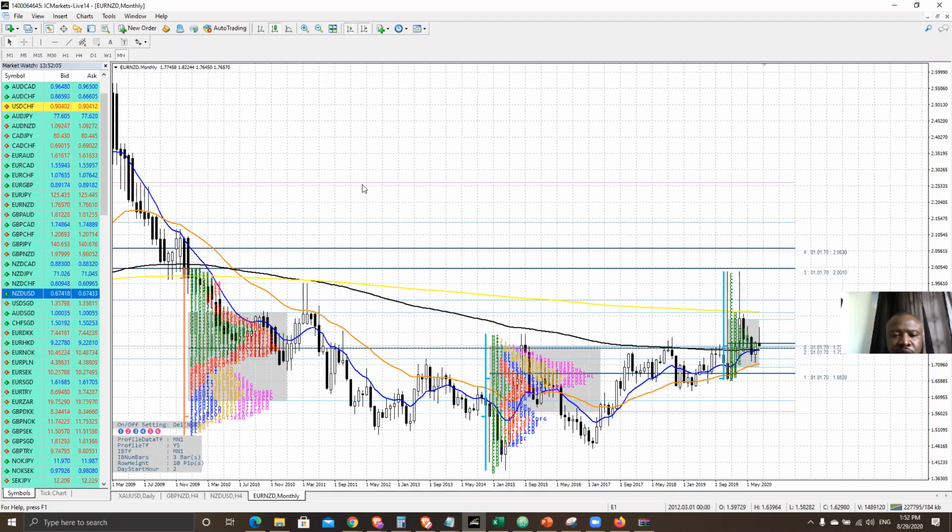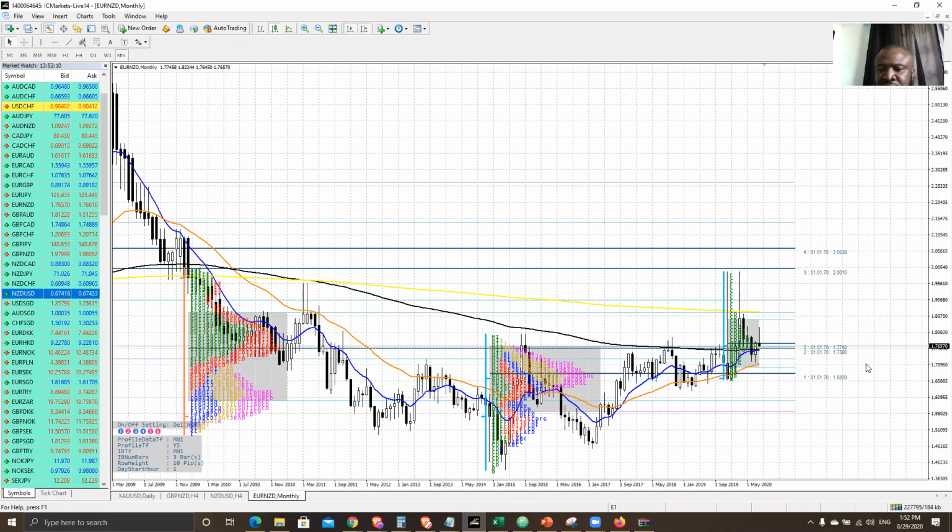All right. So looking at this from the monthly point of view, this is the Euro New Zealand. The one key thing that we are seeing is the monthly is about to close negative. That's a big signal if it closes negative.